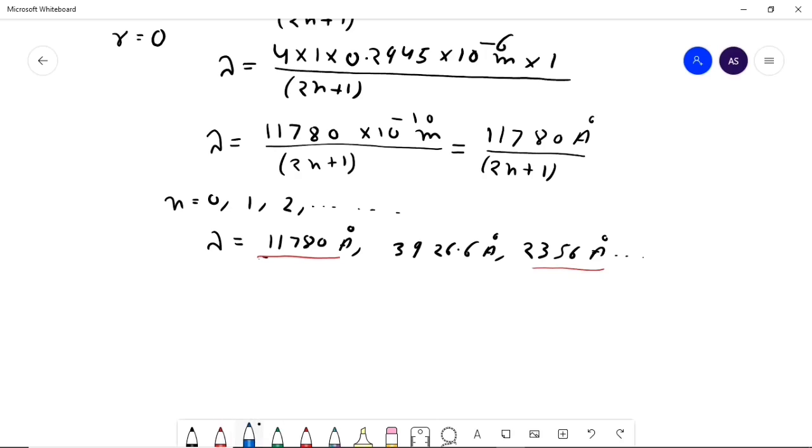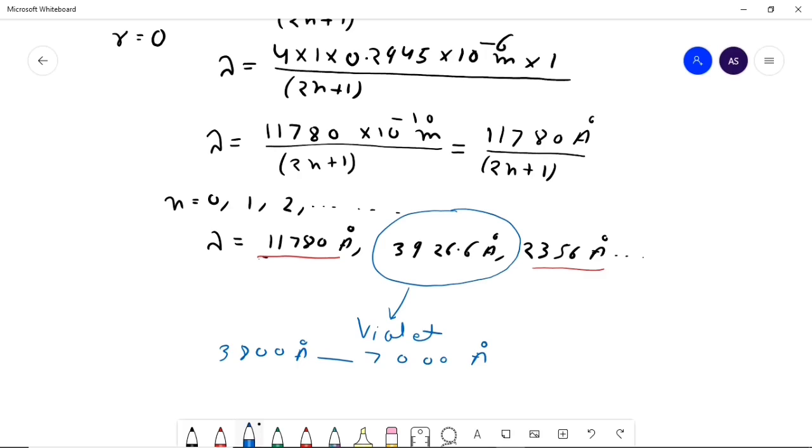So only this wavelength will appear, and others will not appear, and this wavelength is equal to the violet light, because we know that the visible range is 3800 angstrom to 7000 angstrom. It will be the final answer of this question.